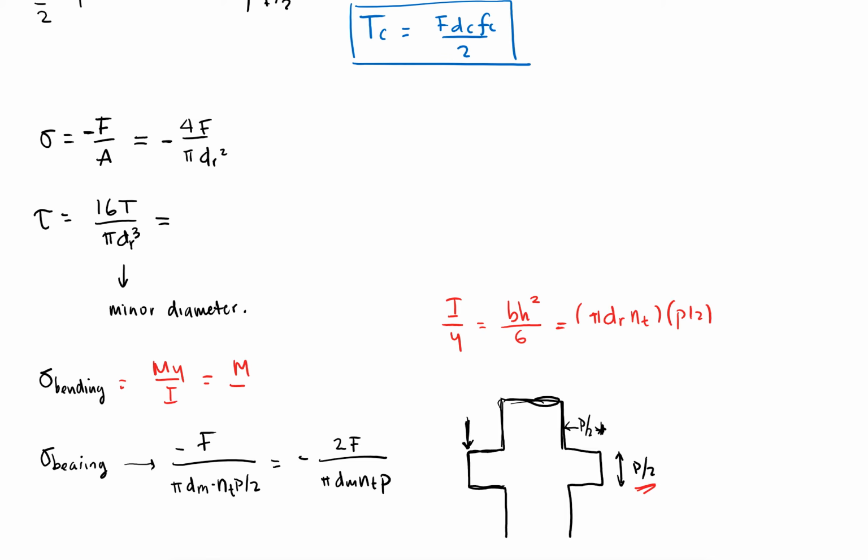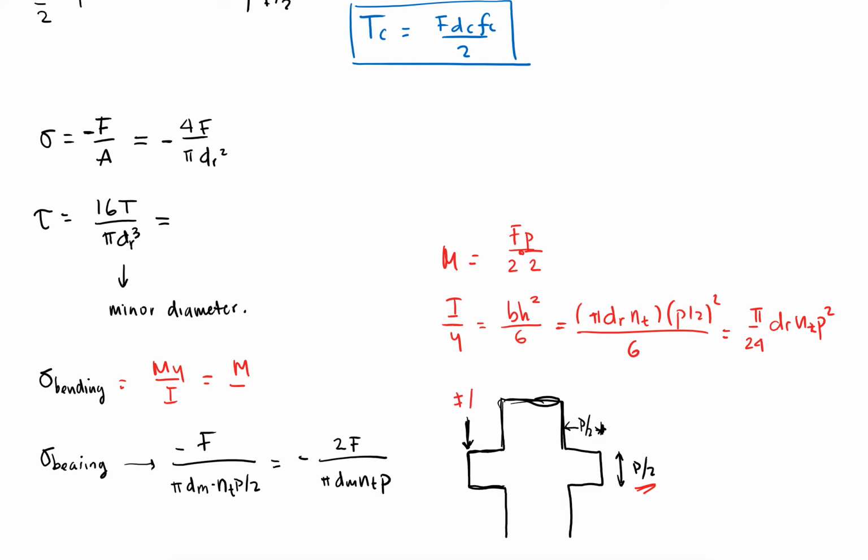P over 2 squared over 6, which is equal to pi over 24 with the 2 squared dr and nt p squared. And I also know that the M is Fp over 4, or F halves times p over 2.